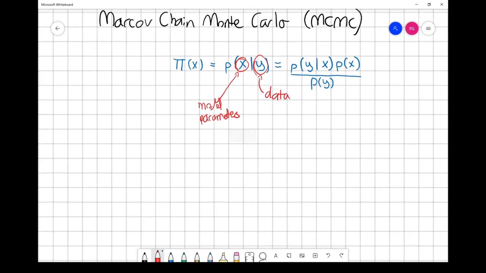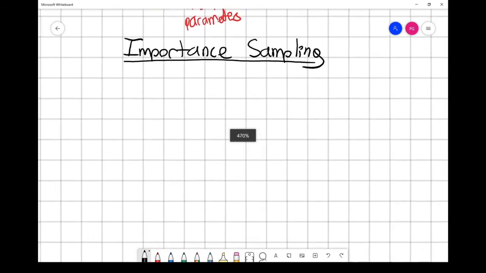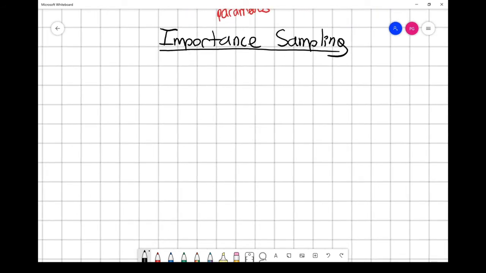So what we're going to do, rather than look at MCMC, is we're going to look initially at an alternative, like I said, called importance sampling. So we're going to introduce a new distribution called Q, and we're going to call this the proposal distribution throughout.